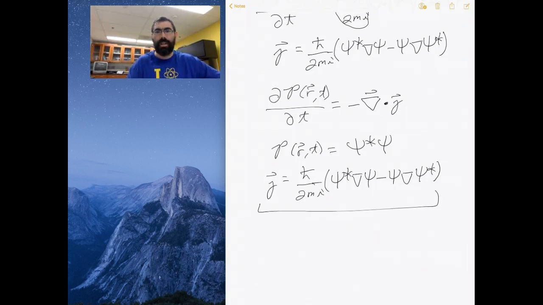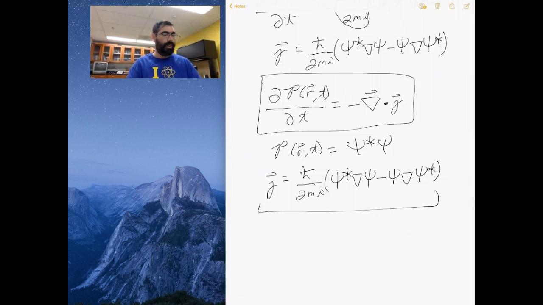So if we figure out what the wave function is and calculate its complex conjugate, then we can calculate not only the probability, but also the probability current, how the probability is flowing from one place to another, and it follows our continuity equation. This is a very elegant solution. We're using results from classical physics.